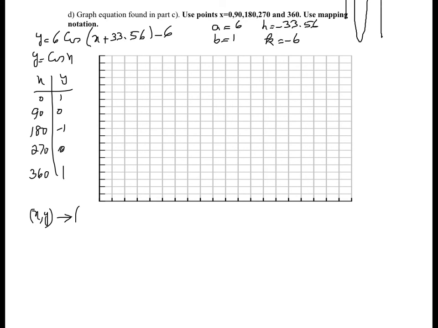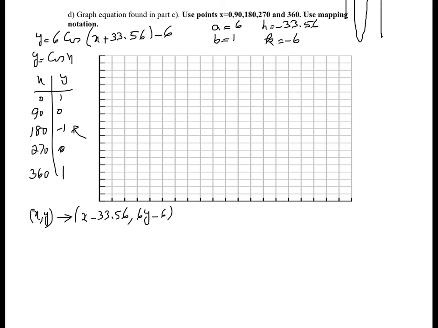This means that x, y becomes x over b, which is x, plus h. H is negative 33.56. A y, which is 6y, plus k, which is negative 6. Now this means that take every x value from this table of values, subtract 33.56, and every y value multiply by 6, subtract 6.